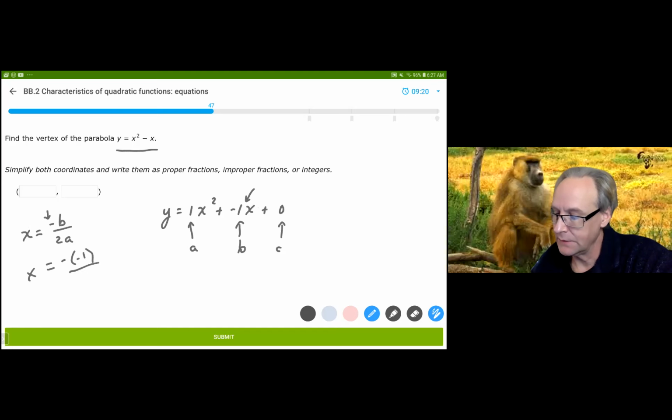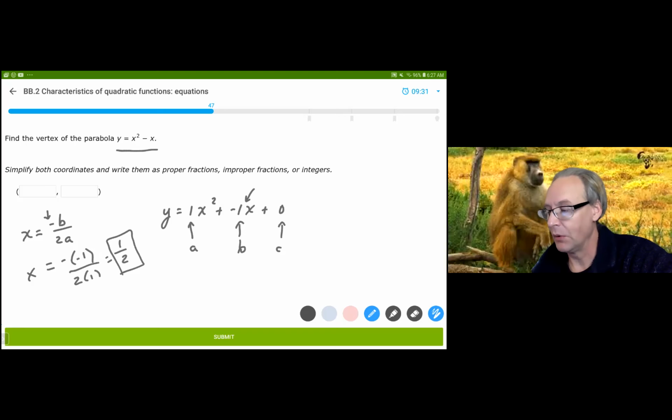Over 2a, a is 1, so this gives me 1/2, doesn't it? That's a positive 1 over 2, 1/2. Now what they want is both of them, and they said to write them as proper fractions, improper fractions, or integers. So it has to be fractional. So the first one is 1/2.